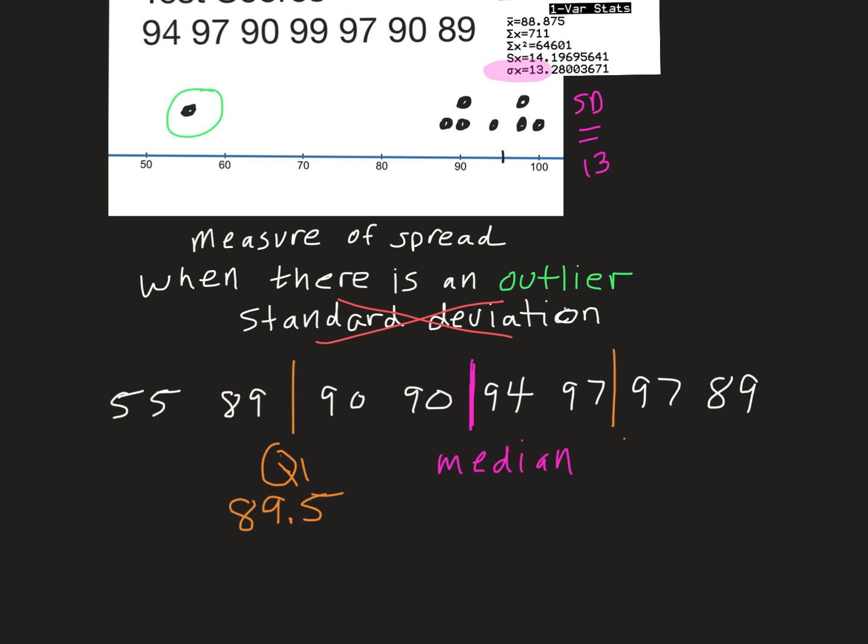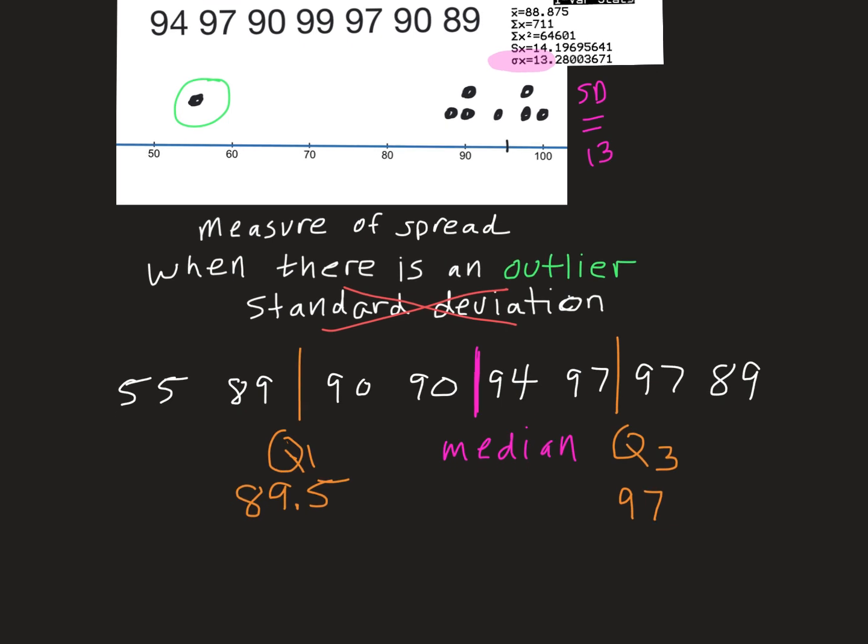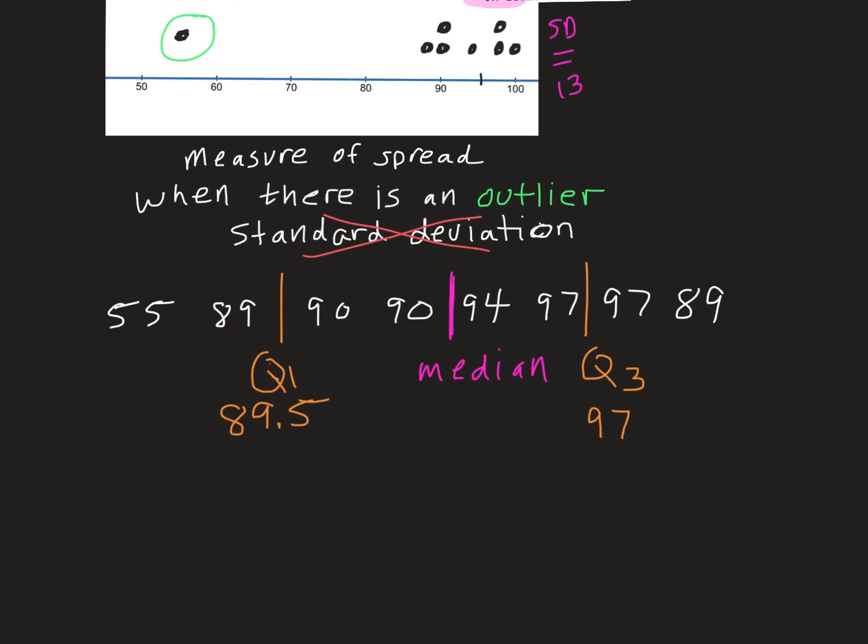And the Q3 of the data, since I have the same number on either side, the number in between is 97. And remember that we use IQR, interquartile range, that is also a measure of spread. So we'll take our Q3 minus our Q1, and we find that that measure of spread is 7.5.